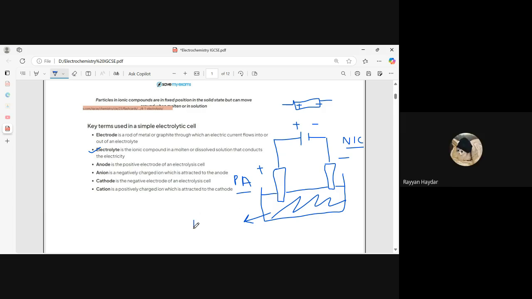Yes, miss. Supposing you have sodium chloride in its molten state. So I'm going to write liquid, with a lowercase l, with NaCl. This means that the ions present in molten sodium chloride are sodium ions and chloride ions, right? Positive ions, the cations, are attracted towards the cathode.